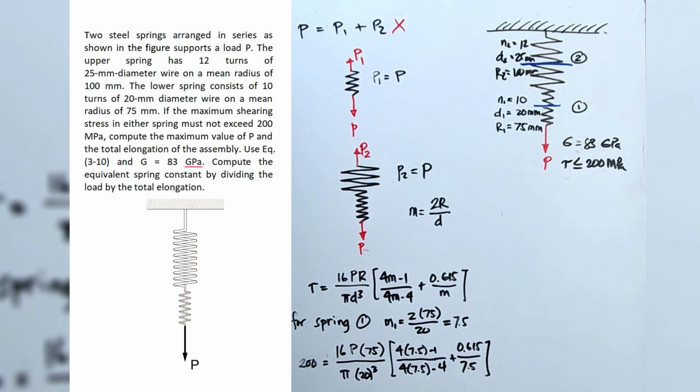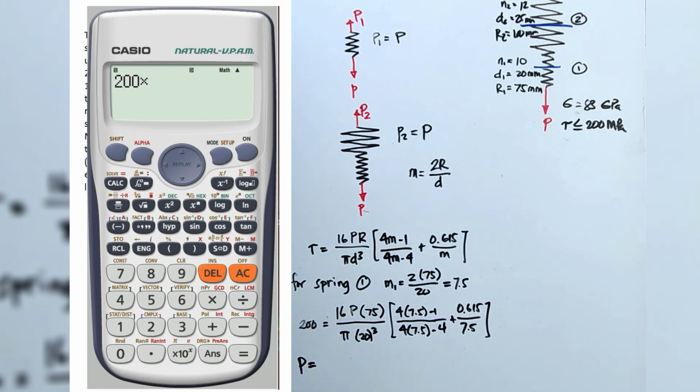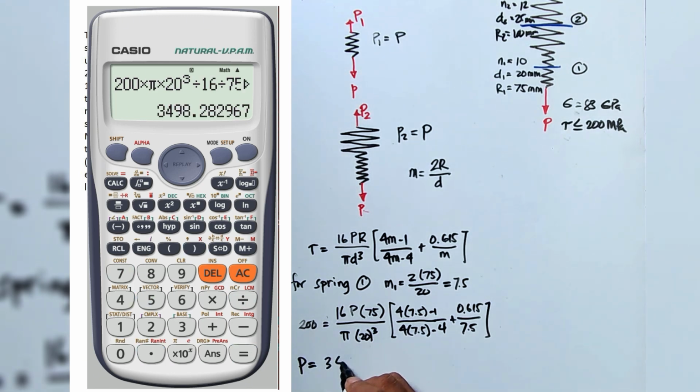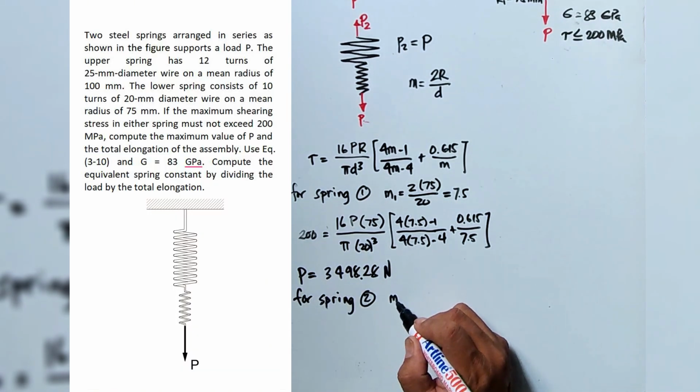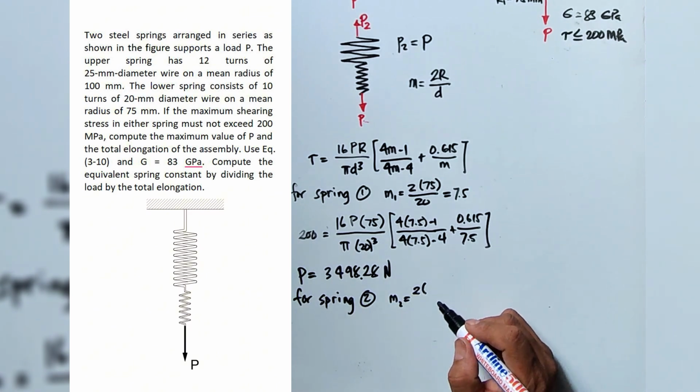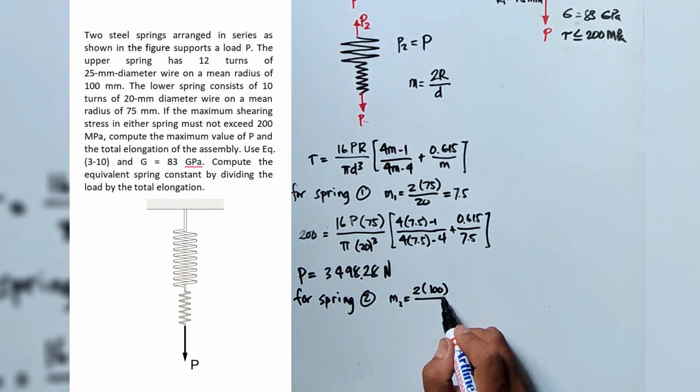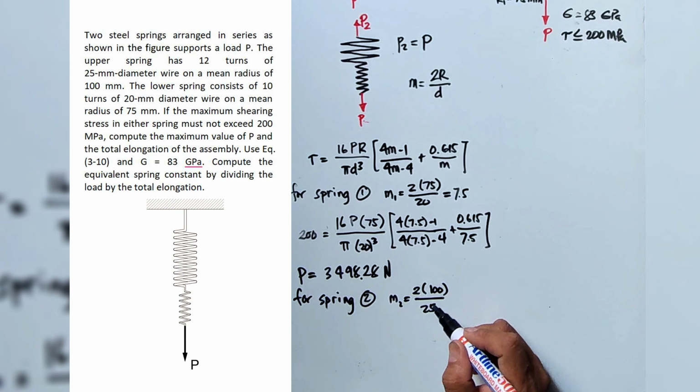So we'll have a value for P. That's 200 times pi times 20 cube divided by 16 divided by 75 divided by the quantity 4 times 7.5 minus 1 divided by 4 times 7.5 minus 4 plus 0.615 divided by 7.5, close parentheses, equals 3,498.28 newtons.